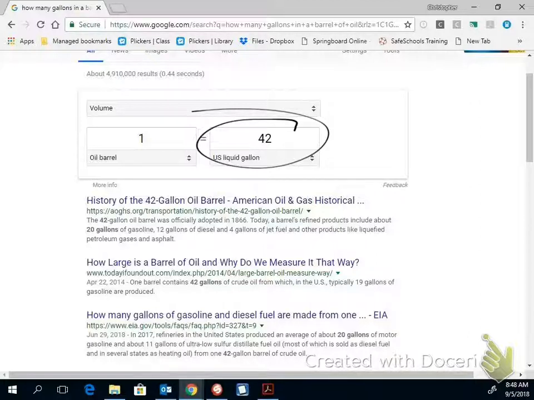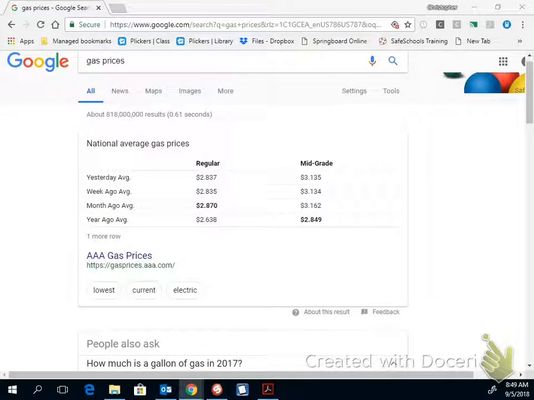They don't all have the exact same size of tank that holds the gas. So when you get back to this piece right here, that right there will change. Well, not the cost of it, but the amount of gas you can put into a car changes.